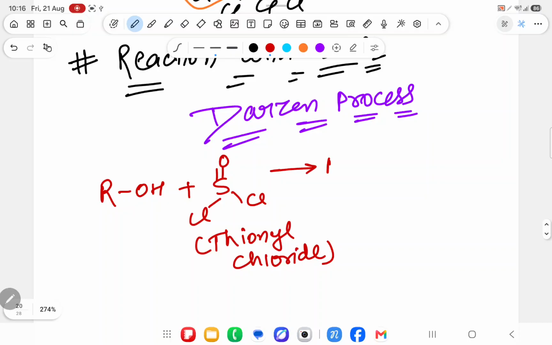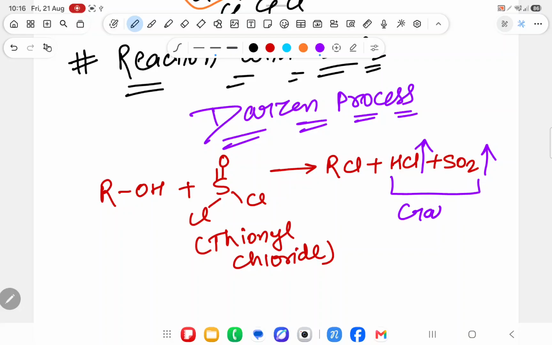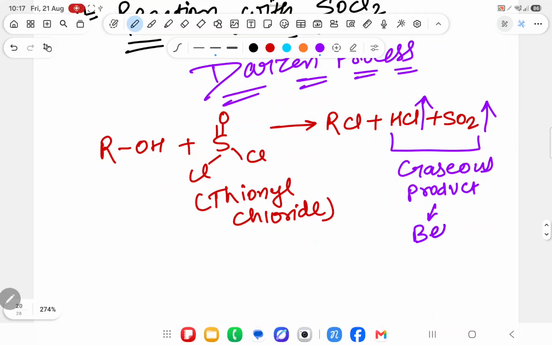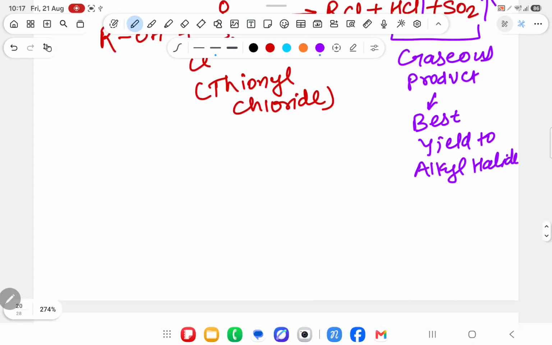It will react and form RCl plus HCl plus SO2. We know that HCl is a gas and SO2 is a gas, so we get a gaseous product. As the product is gaseous, this reaction will give the best yield of alkyl halide compared with all the previous ones.